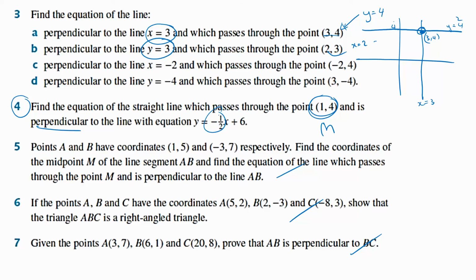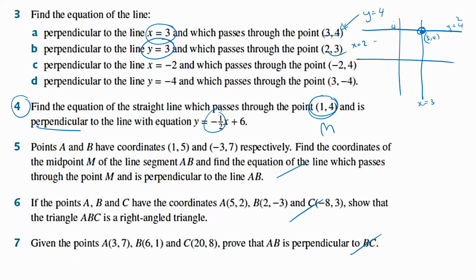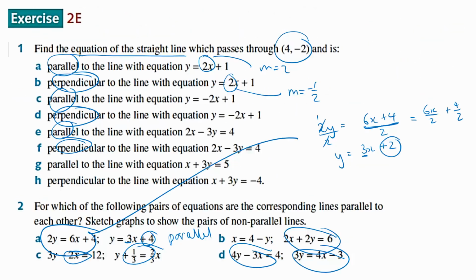And that concludes exercise 2E. All of these are the same thing as well. I think that's about it. So the main thing from exercise 2E: perpendicular and parallel. Parallel means the same gradient. Perpendicular means the two gradients multiplied together give you negative 1.